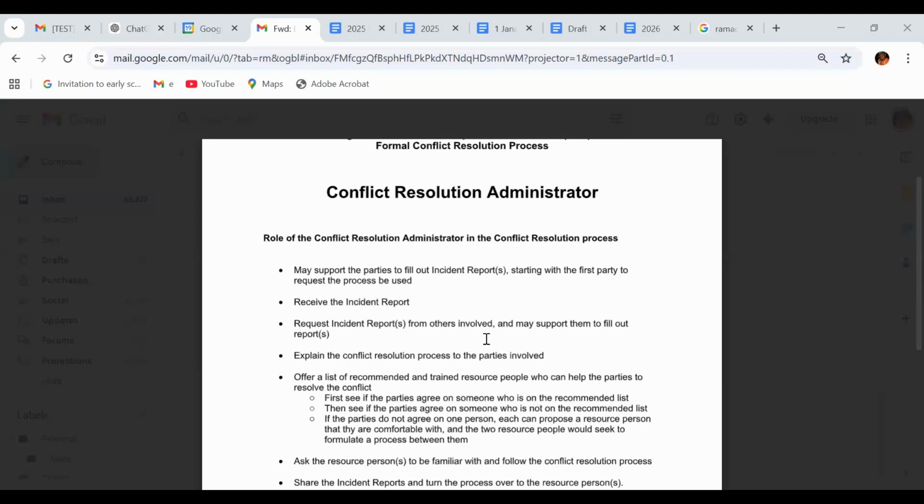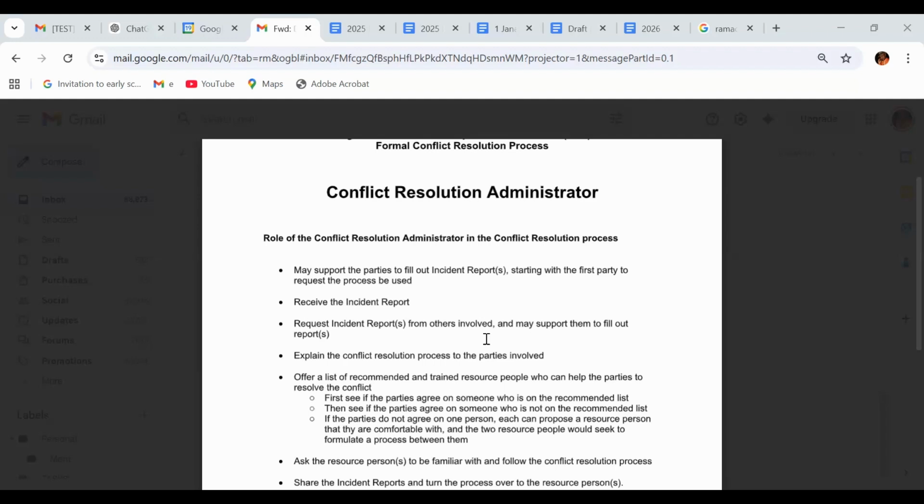So in other words, to help explain the form and the process to them, contact the mediators, and give them the list of recommended mediators. The process does not require that they use a mediator on the recommended list, so the administrator also has to be aware of that. But they can provide the list of the recommended mediators and help people choose somebody.